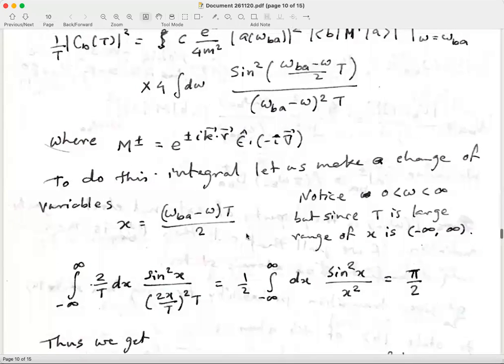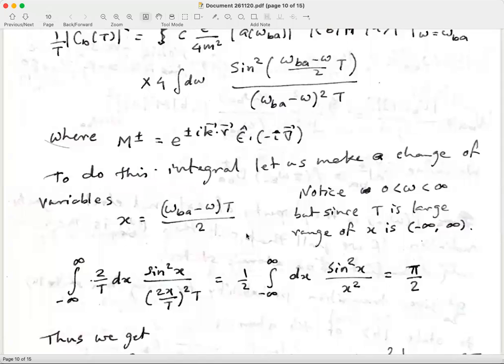Let's do this integral and stop. It's already 12:30 actually. To do this integral, we make a change of variable. We replace omega BA minus omega, times t over 2, by x, and write this integral as dx times 2 by t times sine squared x upon 2x by t whole squared, times t.